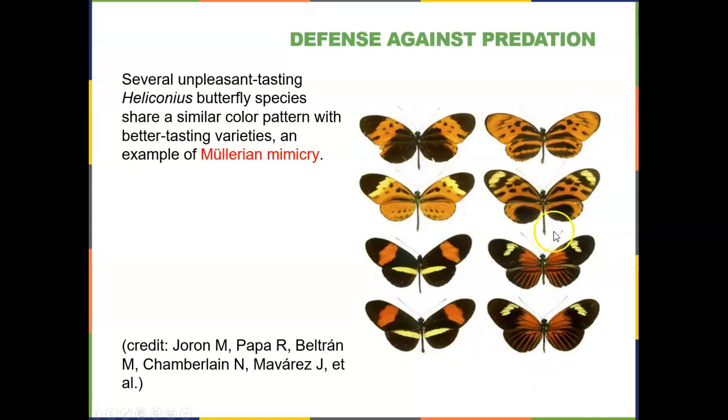But because their coloration is all pretty much the same, predators have a hard time telling the difference between them, and so they'll basically stay away from the whole lot of them. Therefore, all of these individual species, these are not one group, these are individual species, will benefit from the fact that predators will learn that it's not good to eat these particular colorations.